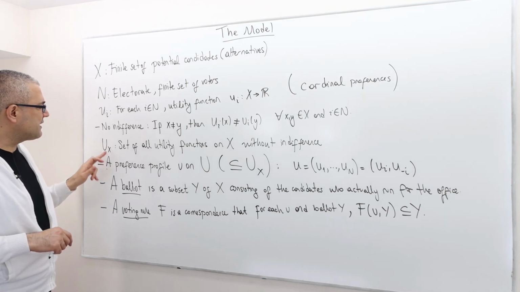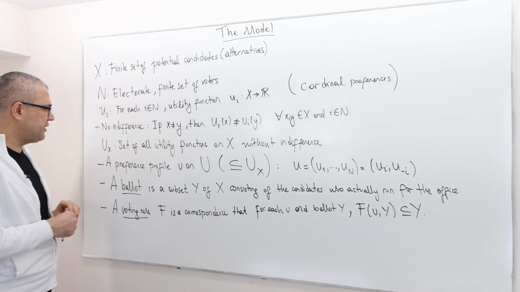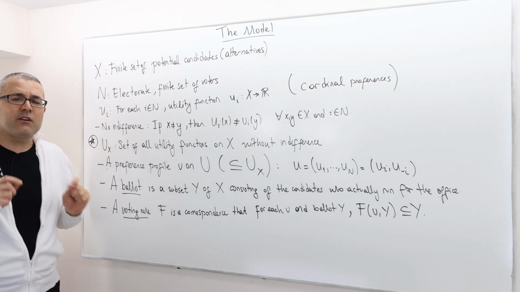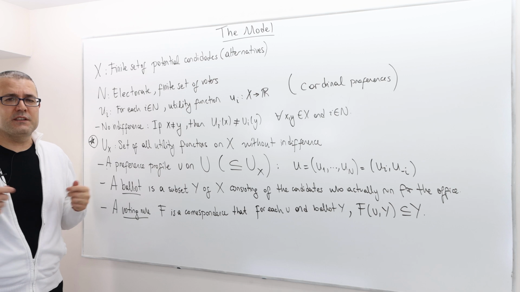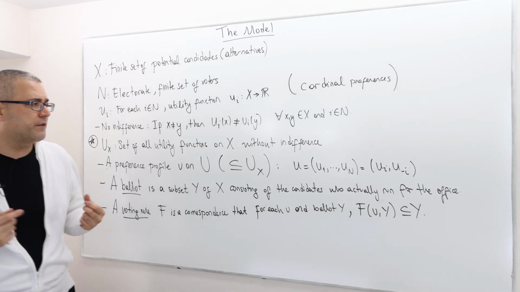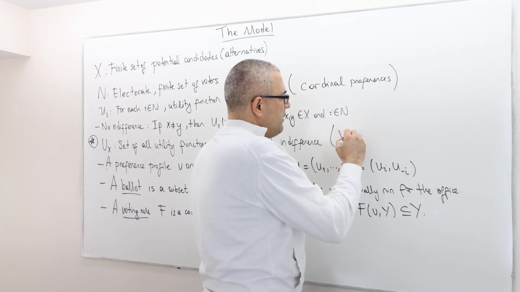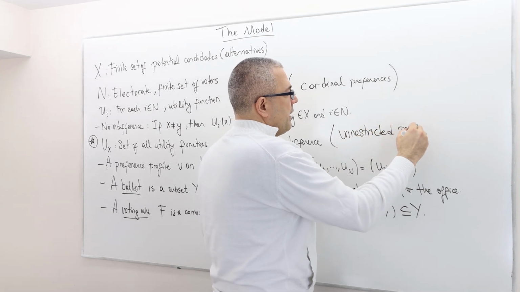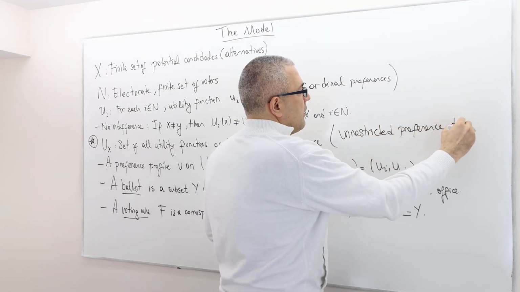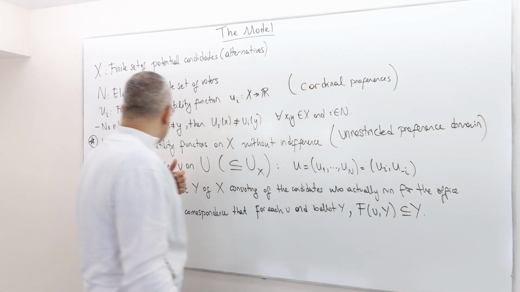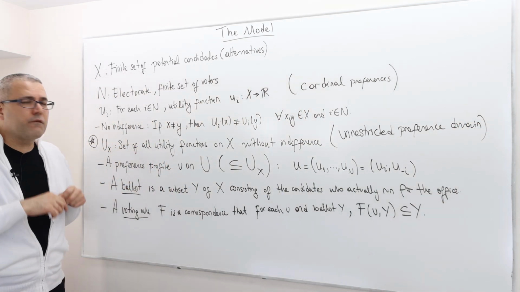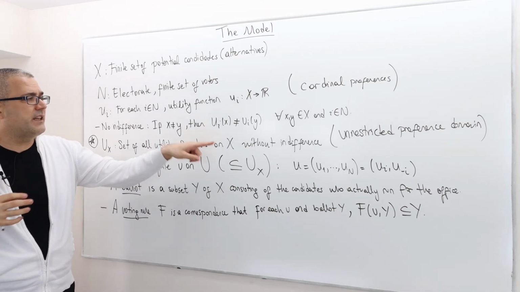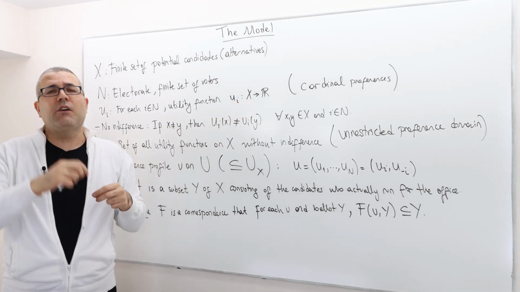U sub X star, that's an important notation. U of X is the unrestricted preference domain. What does it say? It is the set of all utility functions that you can think of from set X into R without indifference.